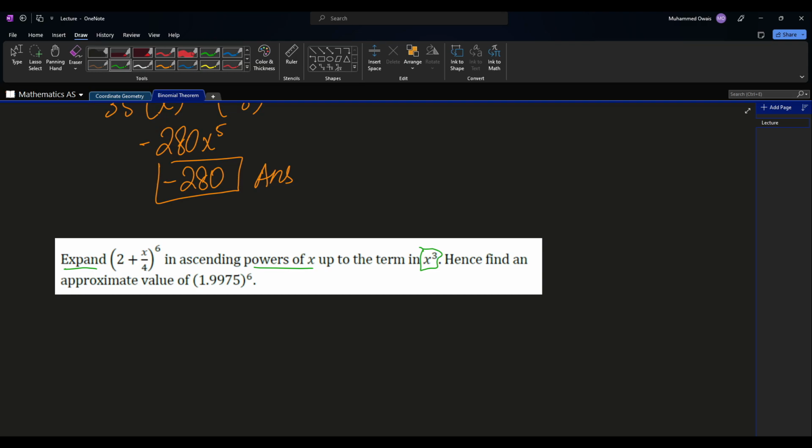Now let us do it. 2 plus x over 4, whole power 6.